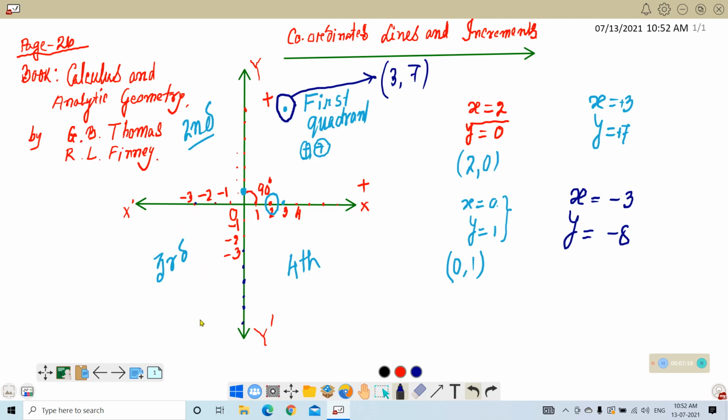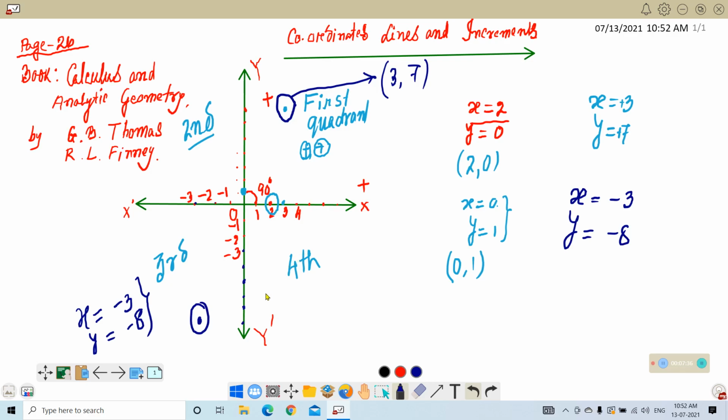So this point corresponds to x is equal to -3 and y is equal to -8, and so on.